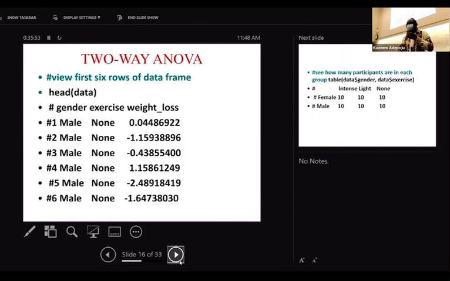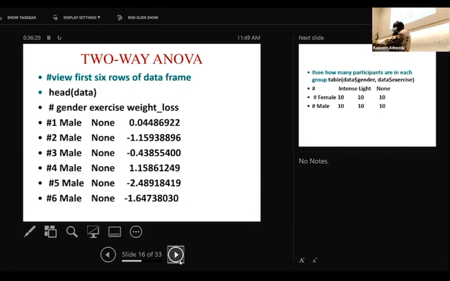Now, I want to walk you through another example. You are looking at the effect of gender and exercise on weight loss. The weight loss is a quantitative variable. Gender is a factor. Exercise is another factor. Each has levels.